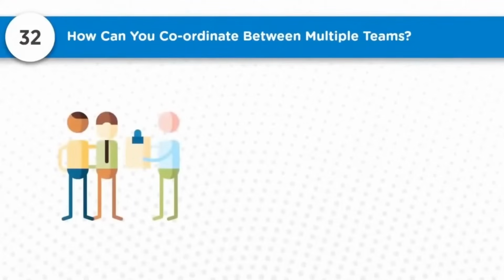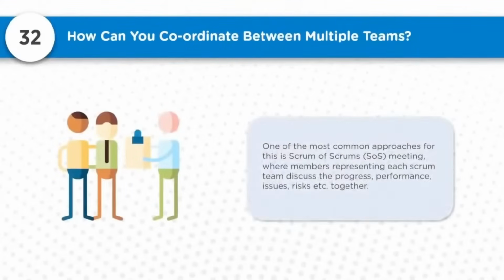Now question number 32, how can one coordinate between multiple teams? One of the most common approaches for this is the Scrum of Scrums meeting, where members representing each Scrum team discuss progress, performance, issues, risks, etc. together. This is a complex structure you are speaking about.